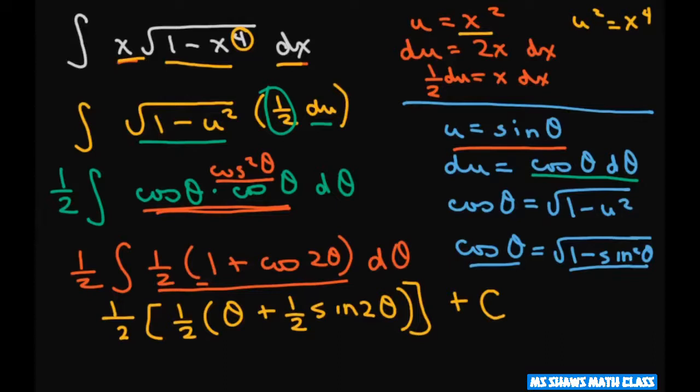Alright, now let's clean this up a bit. So I'm going to write it again. If I simplify it further, we're going to have 1/4 theta plus 1/8, and I just distributed that out, sine of 2 theta plus c.